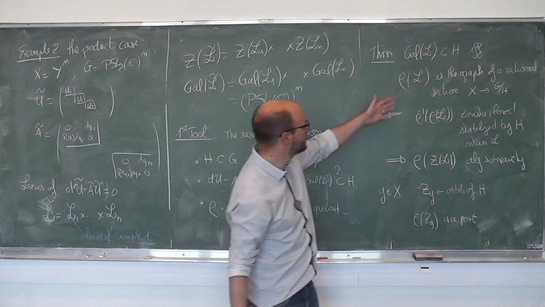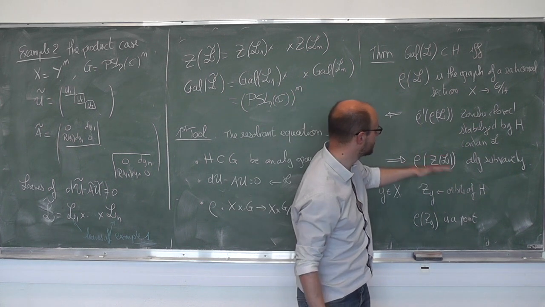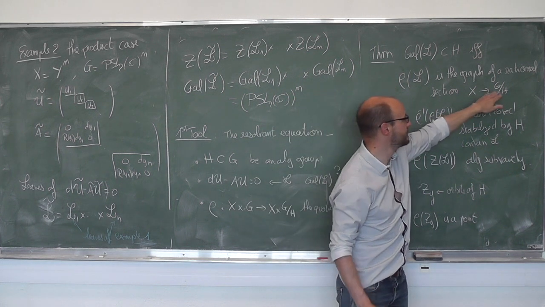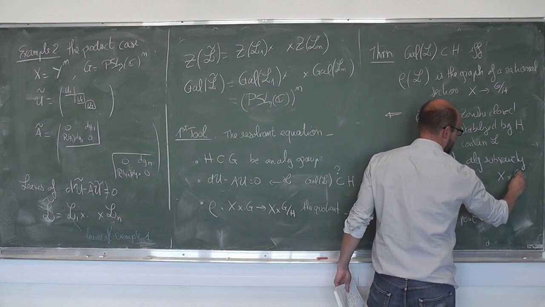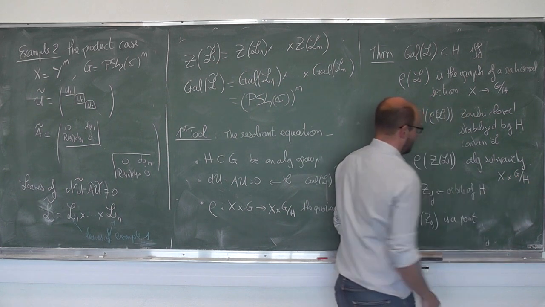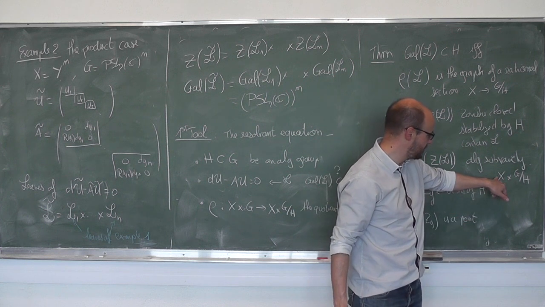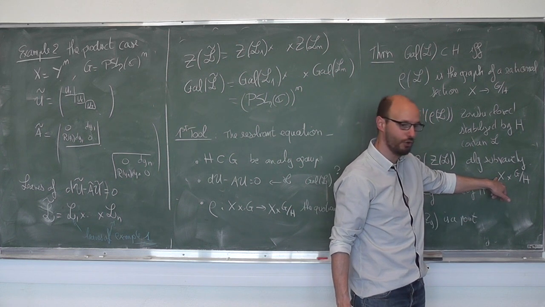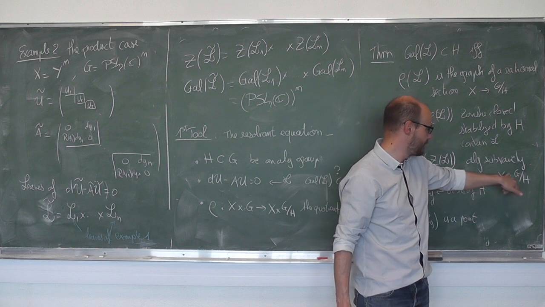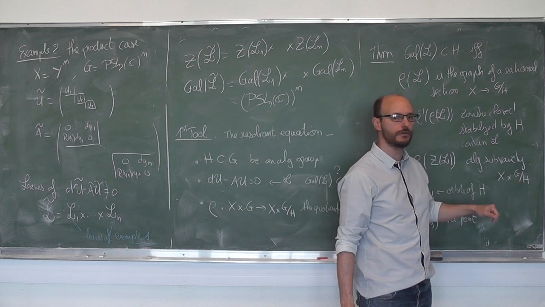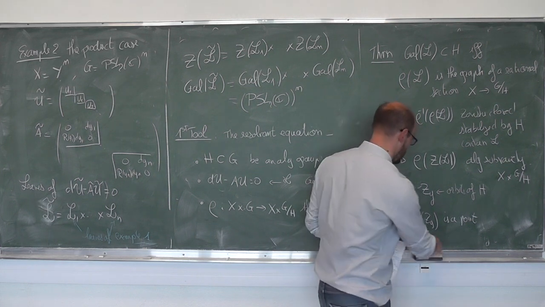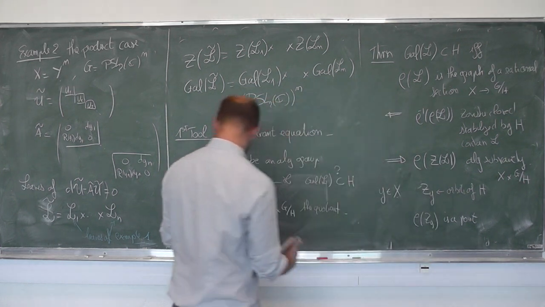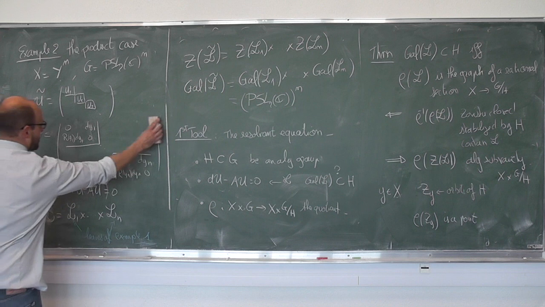So you have an algebraic subvariety of the product, such that above each point x in x, you have just one point in your variety. So it is the definition of a graph, or one definition of a graph of a rational map. This is the first tool.